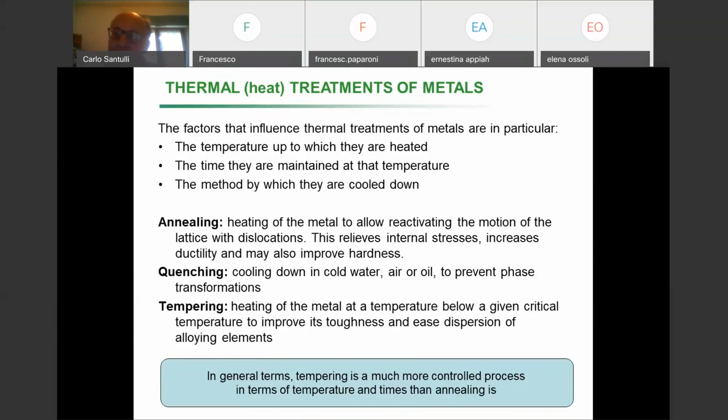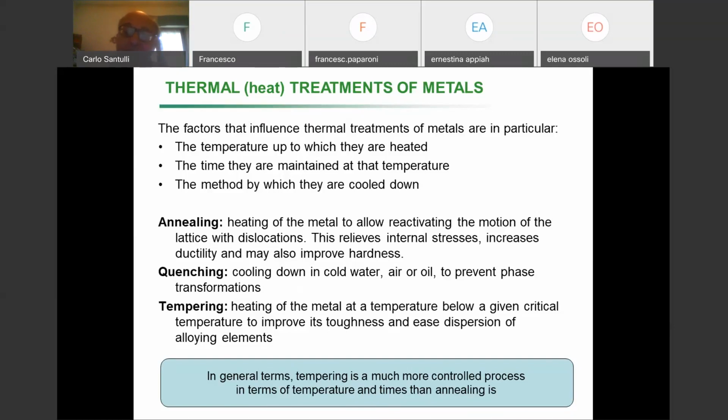And here you have the large difference between metals and plastics, because metals are conductors. And so you may keep metal for a considerable time at that temperature, and the whole of your semi-finished piece will reasonably stay at the same temperature, for example, when your metal bath is melted, molten.